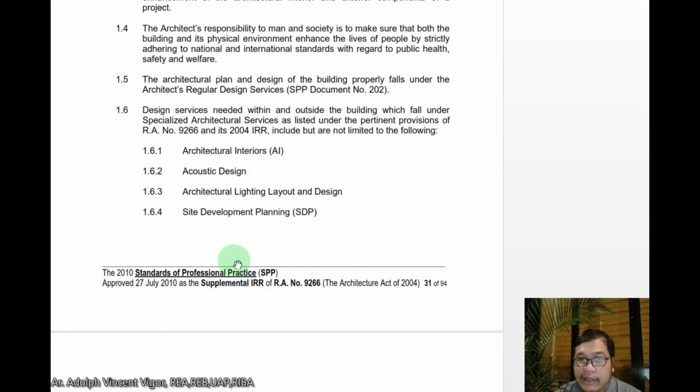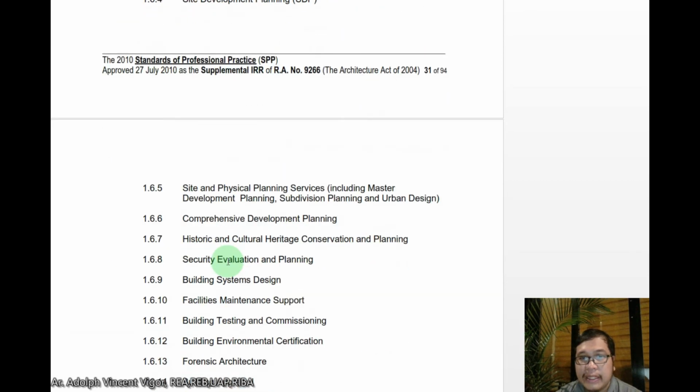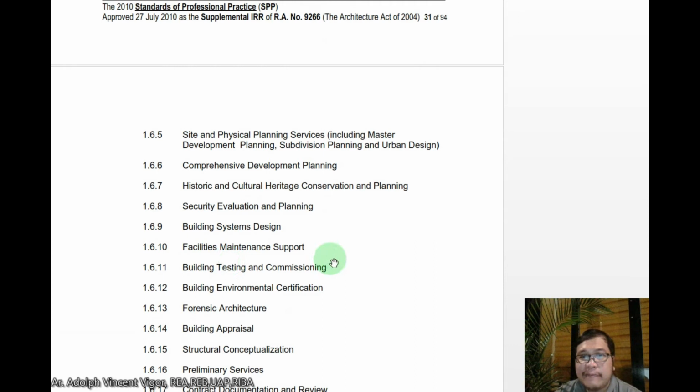Then we have SDP, or site development planning. Then we have site physical planning, which includes master development planning, subdivision planning, and urban design.